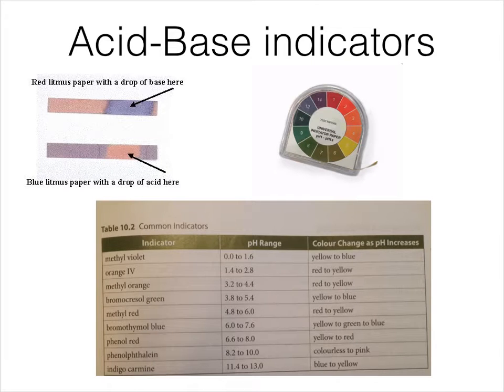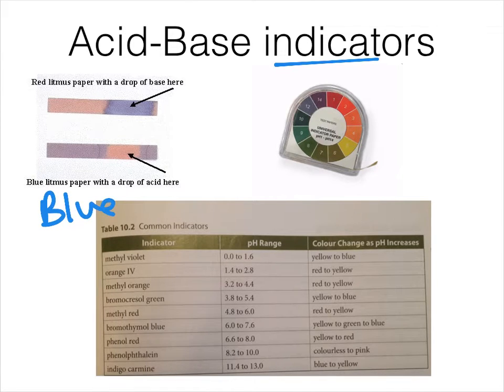There are a number of different tests that you can do to identify whether a substance is an acid or a base, and these are called indicators. There are two different indicators we're going to be using in the lab that are paper-based, and the first one is called litmus paper. So there's two types of litmus paper. There's red litmus paper and blue litmus paper. Anytime you're using litmus paper, if you have a base, the litmus paper is going to turn blue.